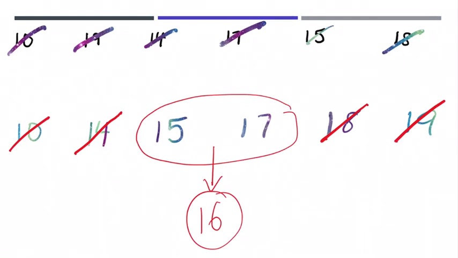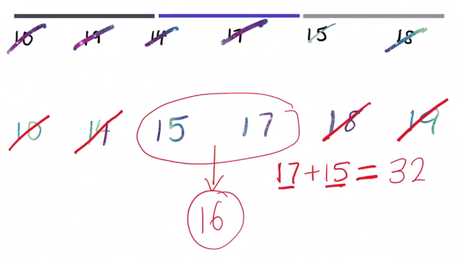Just like we were doing yesterday, we need to find the mean. 17 plus 15 is... I'm waiting to hear you tell me what 17 plus 15 is. Yeah, 32.